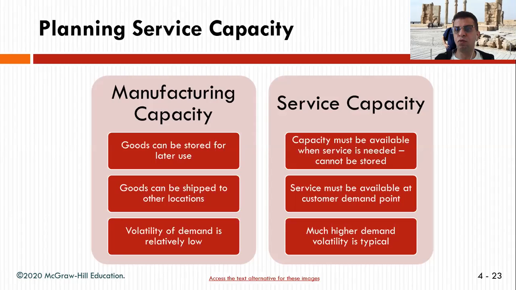But if you walk into a store and there are 5 people, 4 of them doing nothing, same scenario, then this is inefficient service. Not for you, for them, because they're putting in resources and wasting them. So the service must be available at the customer demand point.